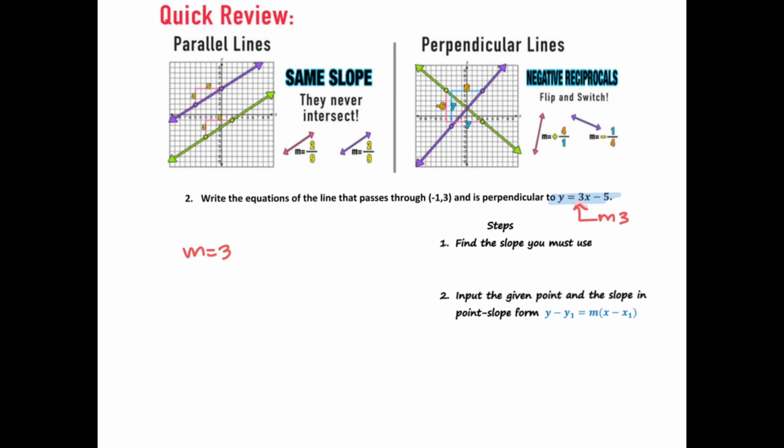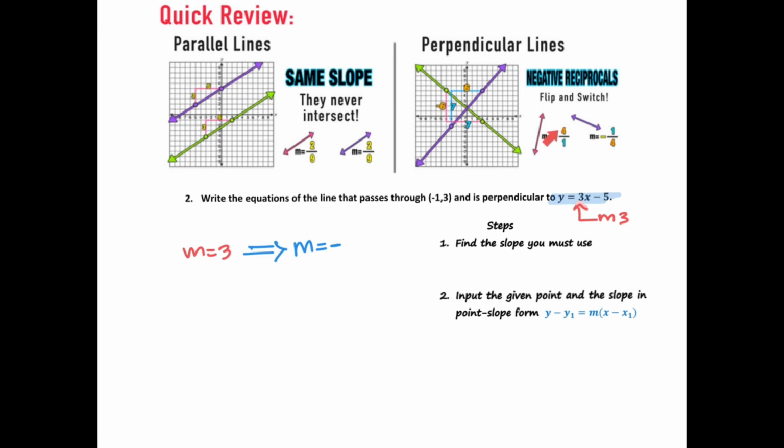So this is going to be a transformation. First of all, I need to flip the sign. So here I have an invisible positive. So my slope, first of all, is going to be negative. And this might be the difficult part. We are supposed to switch the fraction, meaning what is on top goes on the bottom, what is on the bottom goes on the top.